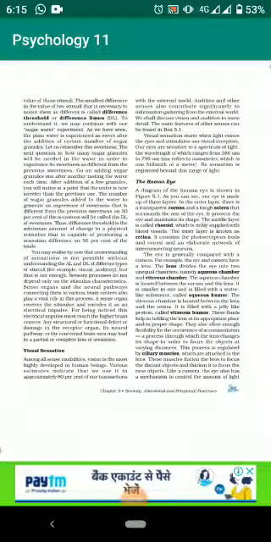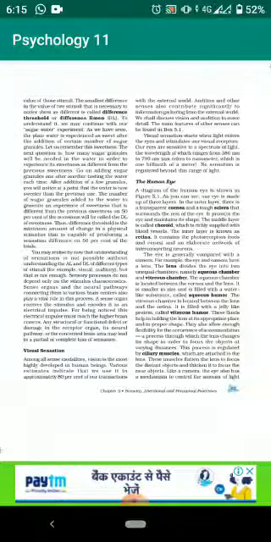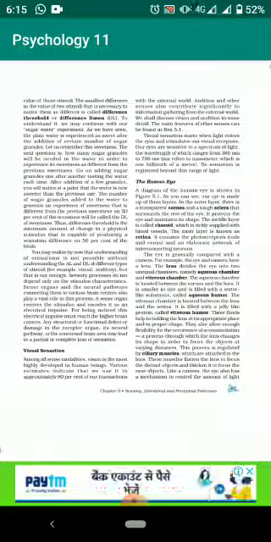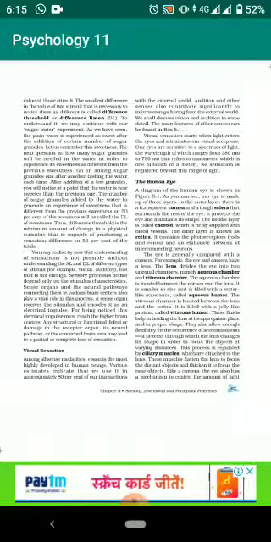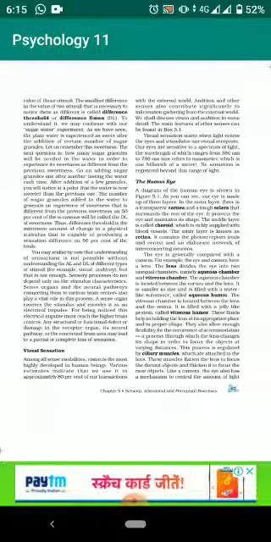The aqueous chamber is located between the cornea and the lens. It is smaller in size and is filled with a water-like substance called aqueous humor. The vitreous chamber is located between the lens and the retina. It is filled with a jelly-like protein called vitreous humor.